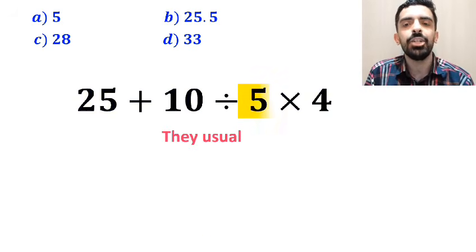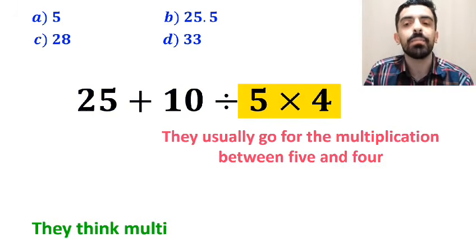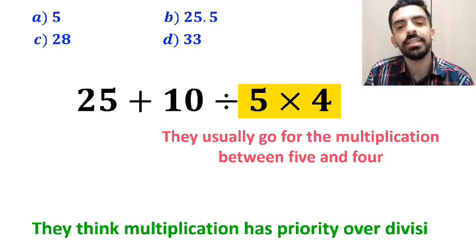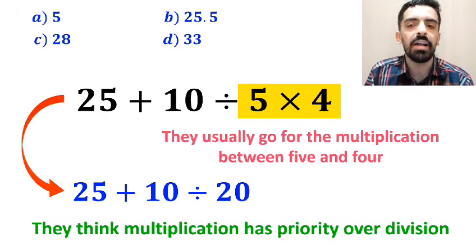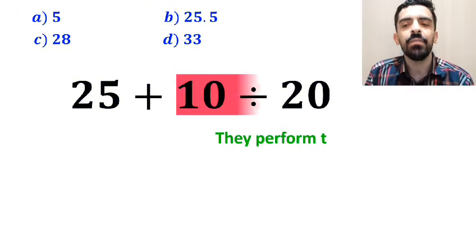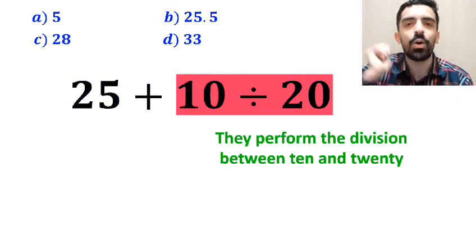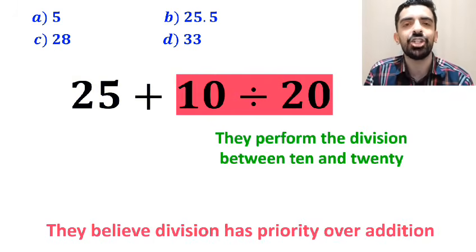And the next step, they usually go for the multiplication between 5 and 4 because they think multiplication has priority over division. So, they rewrite this expression as 25 plus 10 divided by 20. Next, they perform the division between 10 and 20 since they believe division has priority over addition.